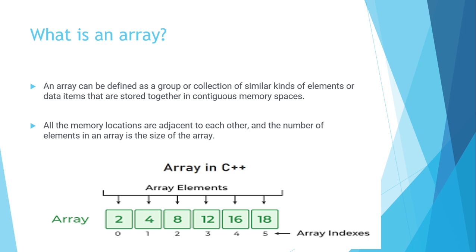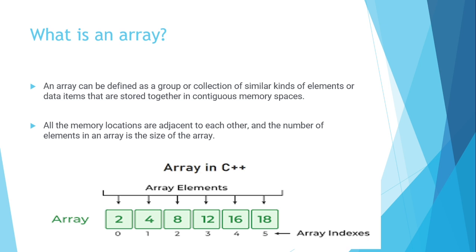For example, here are the array elements. This array is declared as an integer, and the elements we are going to store here are 2, 4, 8, 12, 16, 18. Then array indexes. What is an array index? In arrays, memory locations are identified by the array indexes.